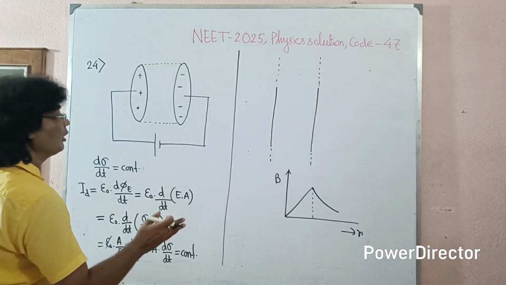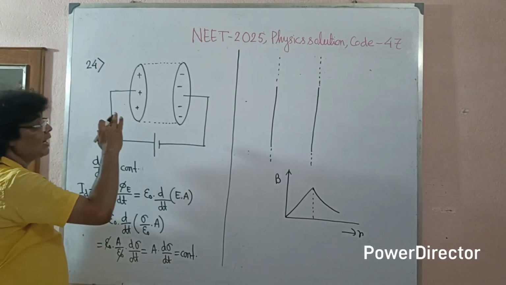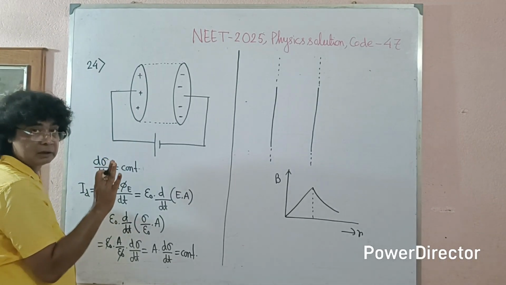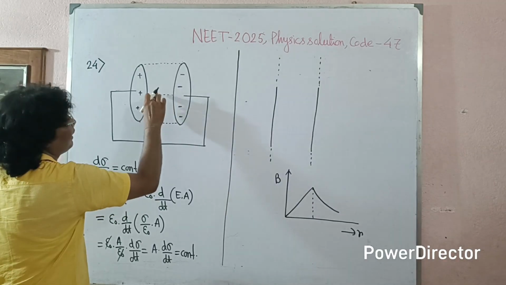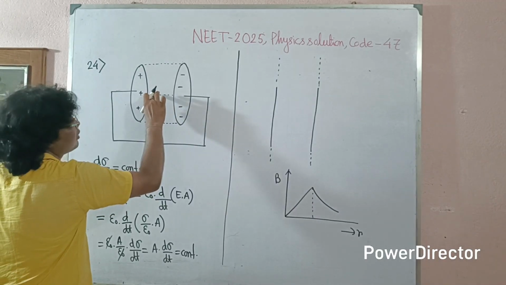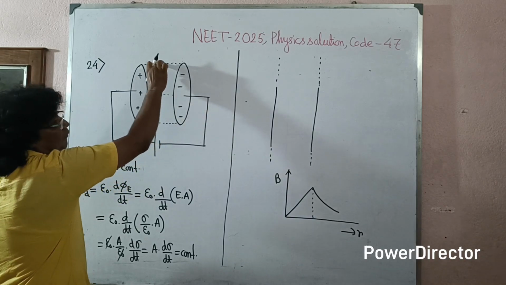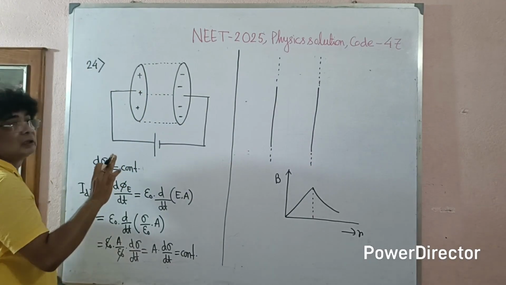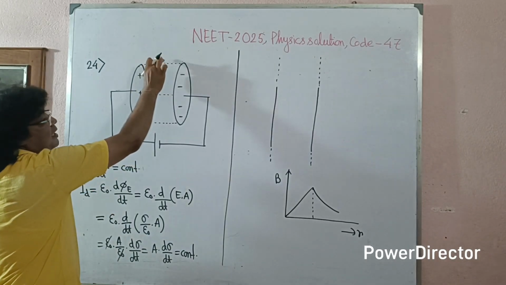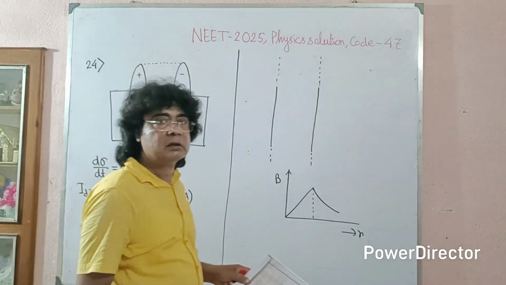Similarly, we explain the magnetic field created by the displacement current. That is, magnetic field increases from axis to the periphery of the imaginary cylinder, and that is maximum at the periphery of the cylinder.